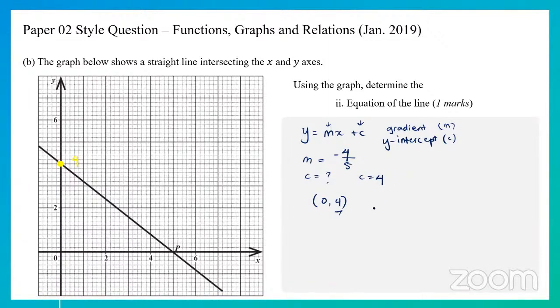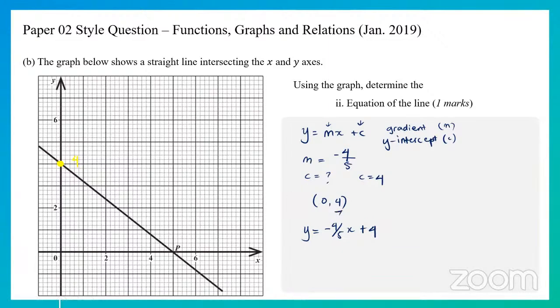We can write the equation of our line using just our gradient and our y-intercept. So it will be written as y equals negative 4 over 5 times x plus 4. So y = -4/5 x + 4 is going to be the equation of this line.